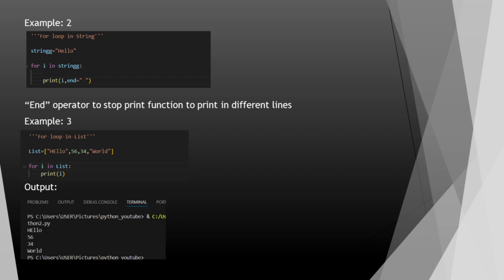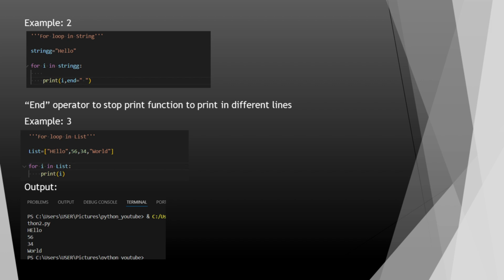So here is example number two. In this example, you can see our code is the same, but while printing I've written this end operator. So how does this end operator work? I've written the end operator to stop the print function from printing in different lines.